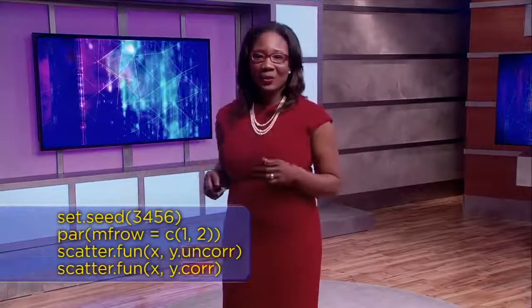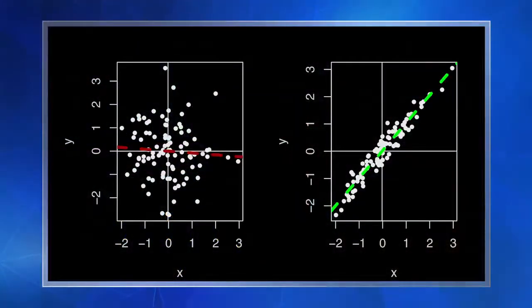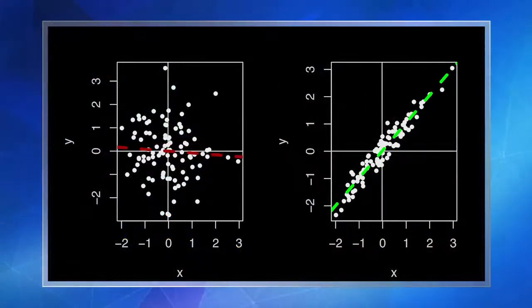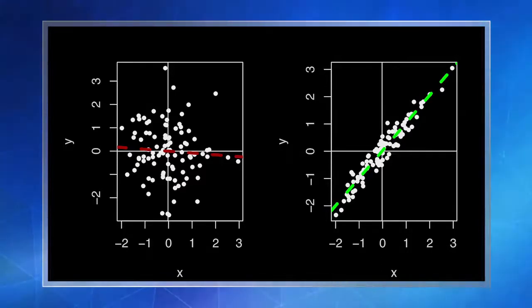All right, let's check this out. We're going to, again, call our function on the uncorrelated pairs and the correlated pairs. And here's what we get. We've still got that same scatter relationship, but notice now we've added the regression line. Red when we don't have a significant p-value, and green when we do have a significant p-value.